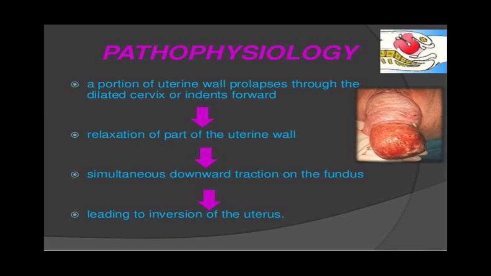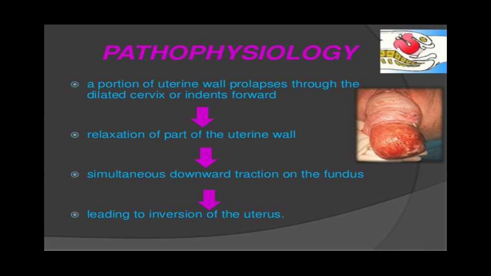The uterine wall which is holding the uterus, and which has the capacity to hold the uterus, will get relaxed, and then the wall will be descending down. Then simultaneously there is downward traction on the fundus. The fundus of the uterus will be coming down, leading to the inversion of the uterus.